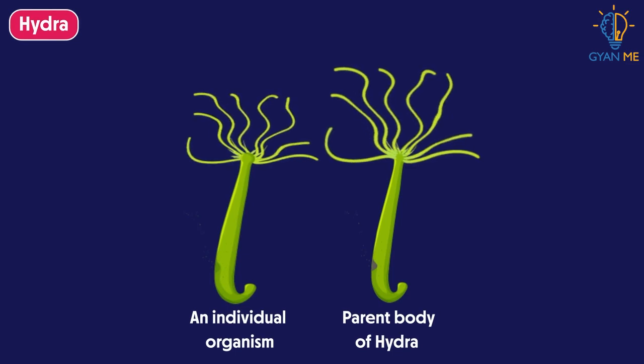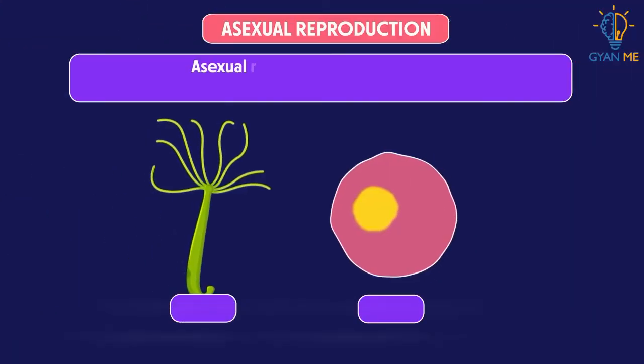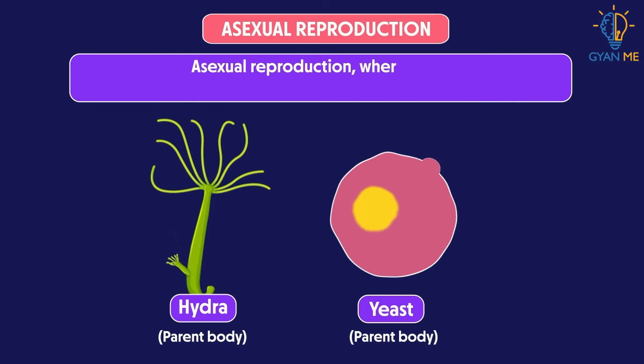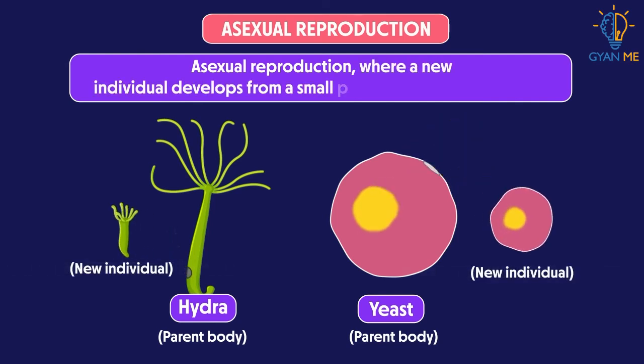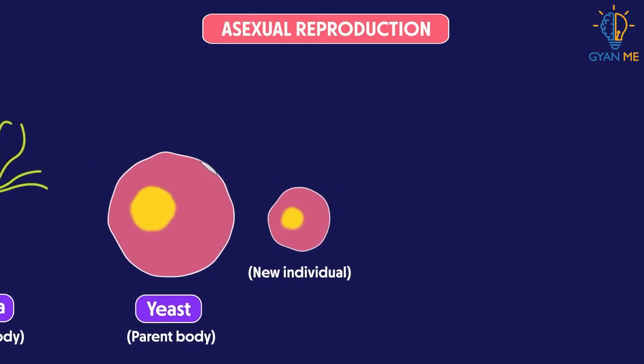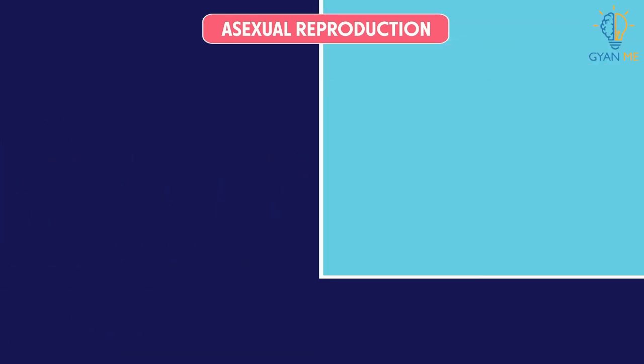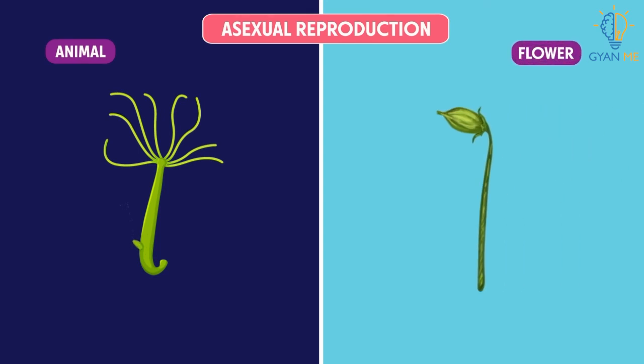Now students, so far what we have seen is a kind of asexual reproduction where a new individual develops from a small part of a parent called a bud. But remember that this comparison is just a small tip for you to remember budding. Now, this somewhat resembles the buds that are formed in flowers.